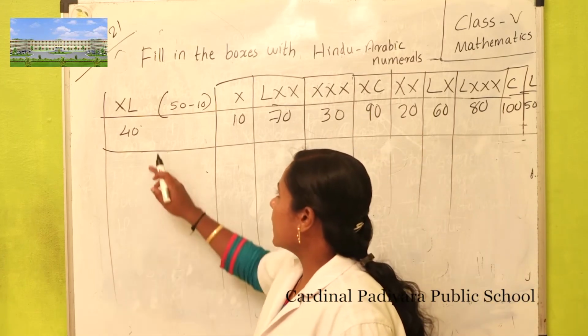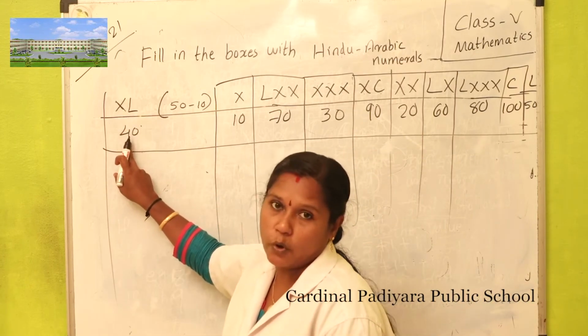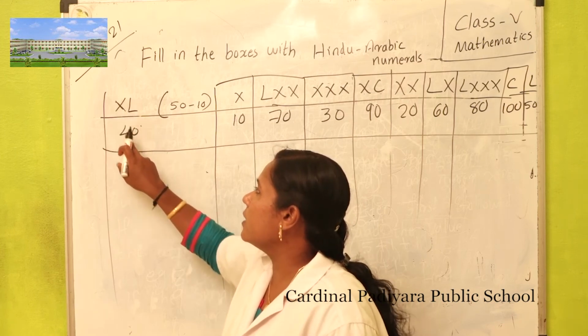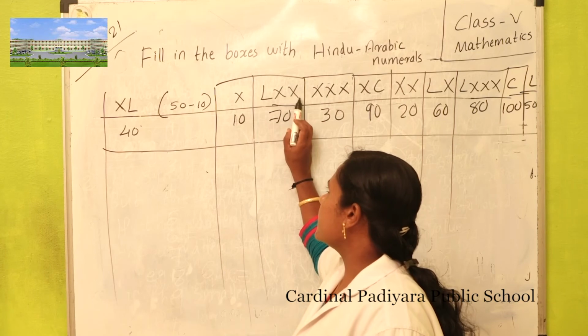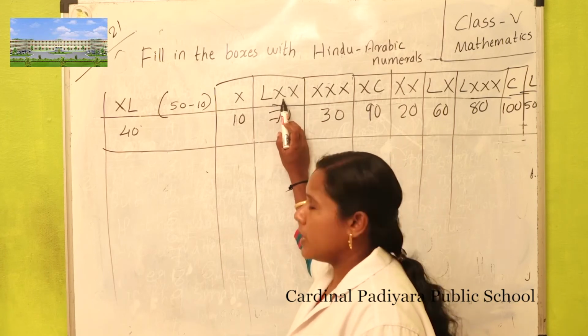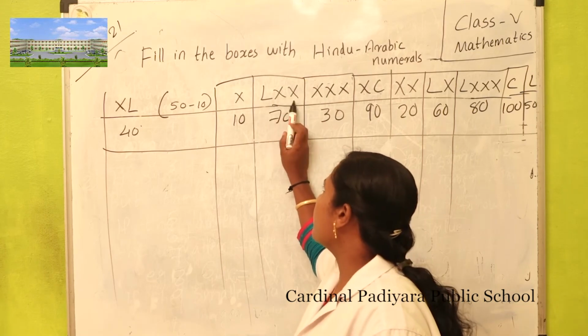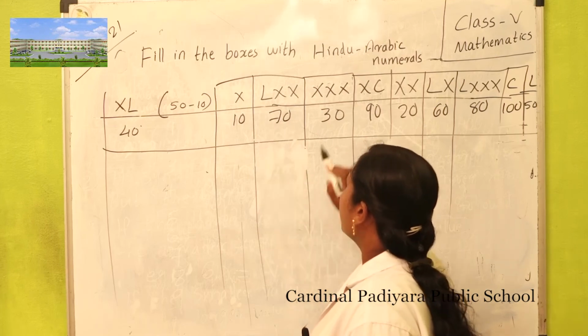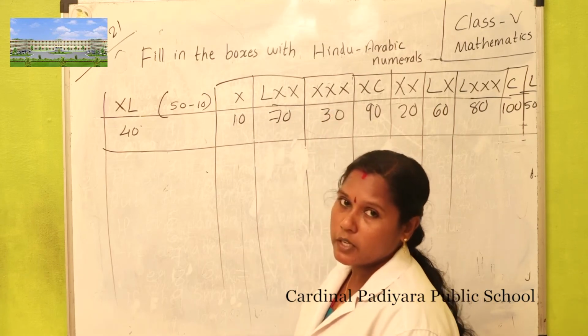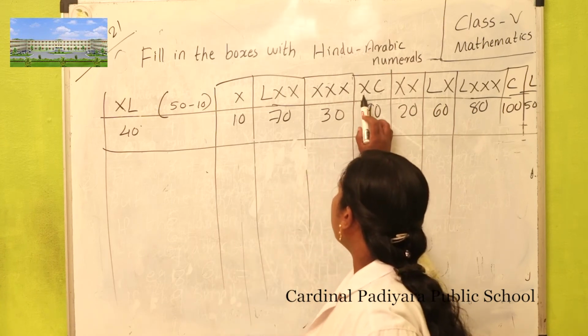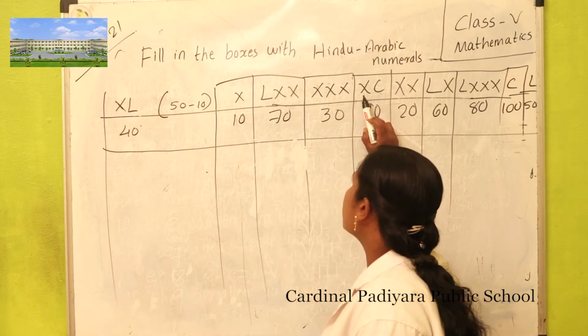I will say once again, XL 40. That means 50 minus 10, 40. Then X 10, LXX 50 plus 10 plus 10. 50 plus 20, 70. Then XXX, X plus X plus X. That means 10 plus 10 plus 10, 30. Then XC, C 100, X 10.